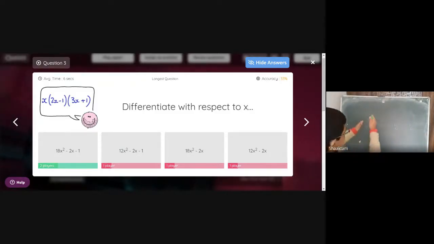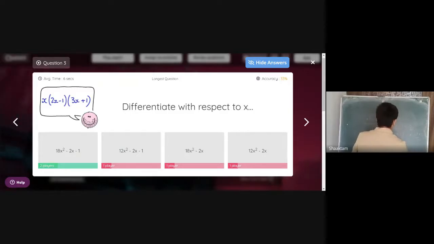So in this case, I'm taking this part first. So then, 2x minus 1 into dx by dx plus x into d of 2x minus 1 by dx. So dx by dx will be 1.